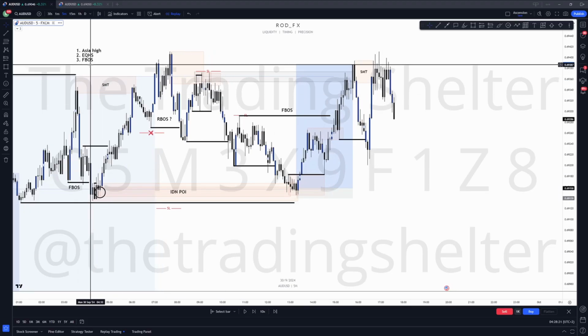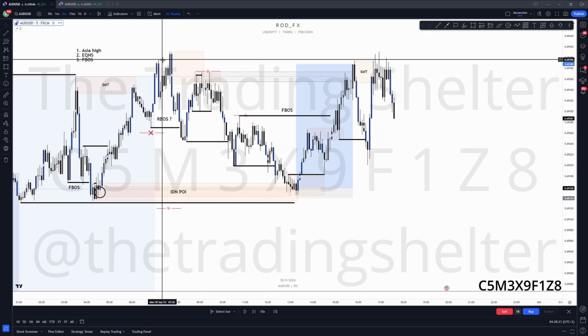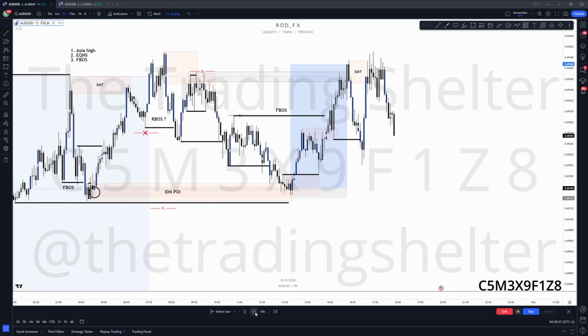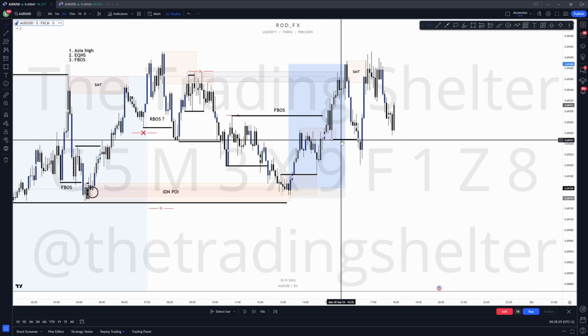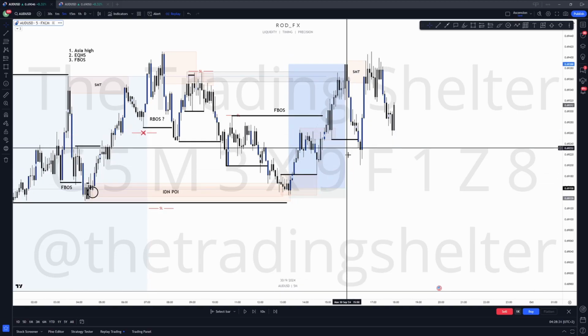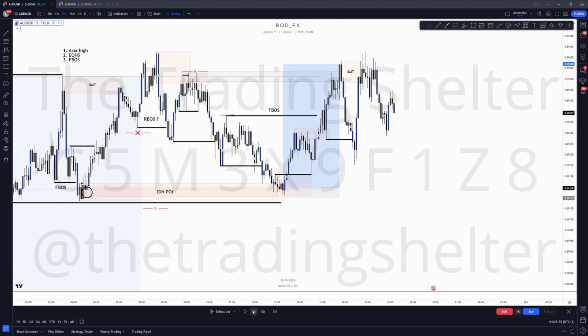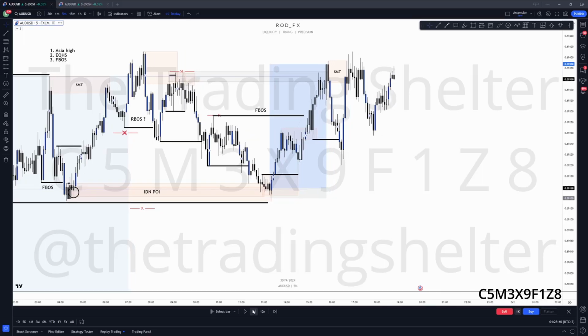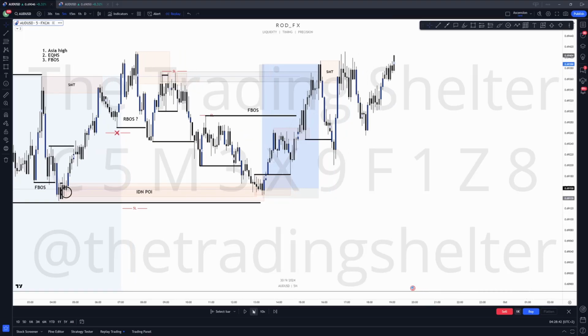So now we have even more juicy equal lows, equal highs, boom, boom, boom, boom. Very, very common. Did we fill this imbalance? No. Okay. Price dumped after. I don't remember.